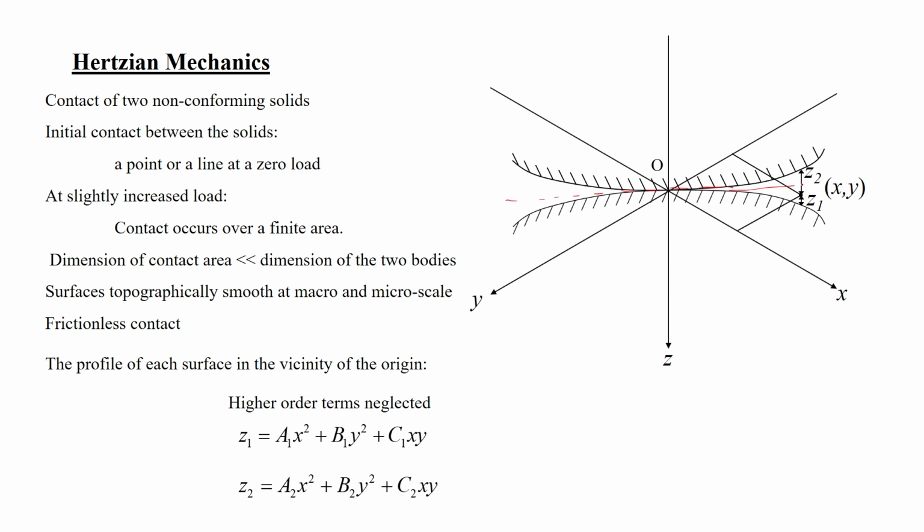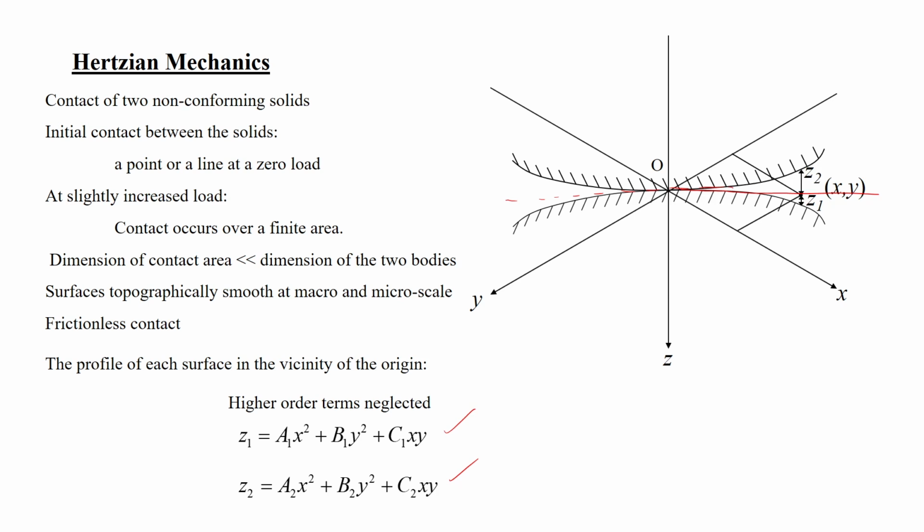Measured from a plane over here that goes through the origin, or the point of contact of these two surfaces. So, that is the plane that goes through this particular point O, and we measure the Z1 and Z2 from this point. These are given by these two equations.